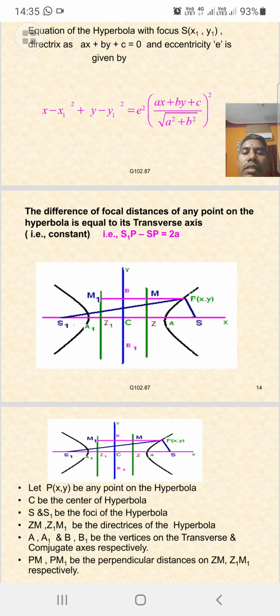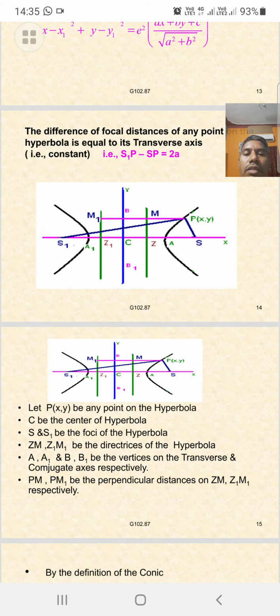The difference of the focal lengths or focal distances, S1P minus SP, is equal to the length of the transverse axis, that is 2a.